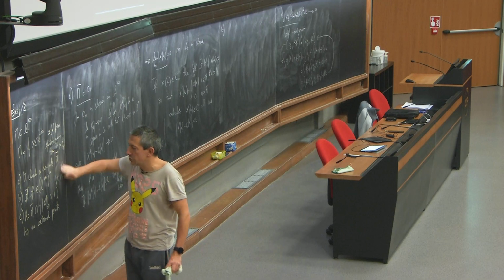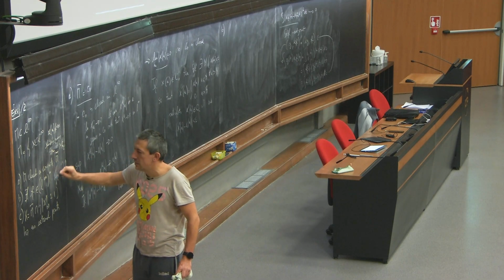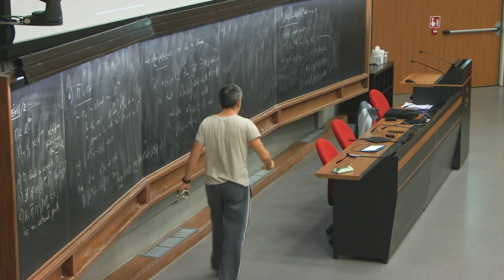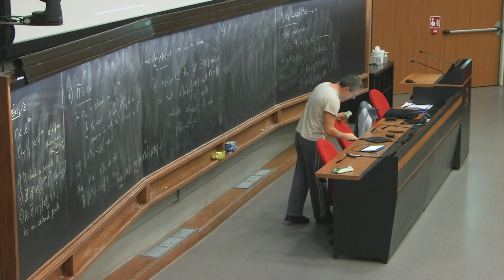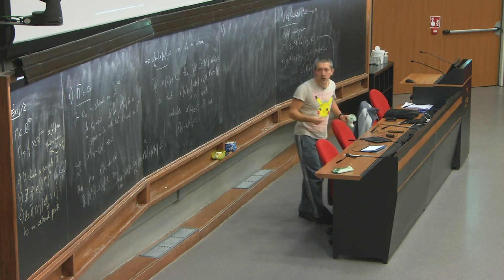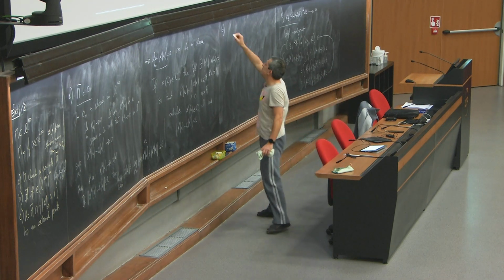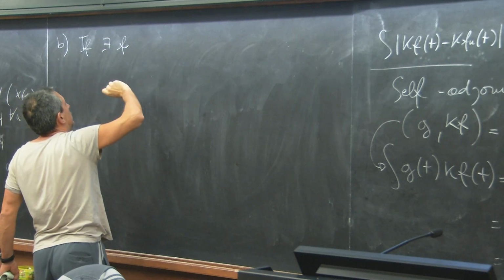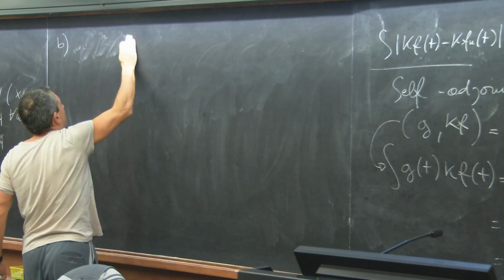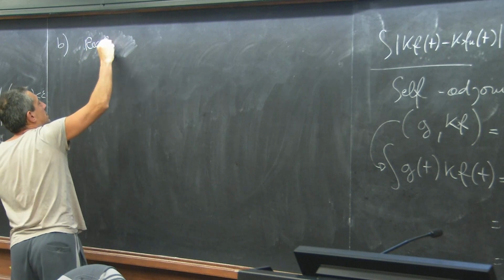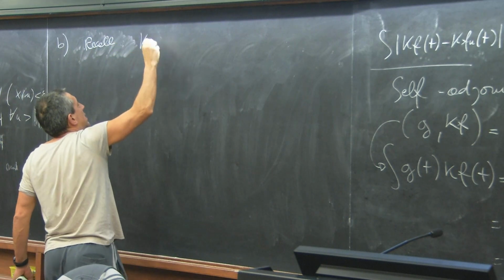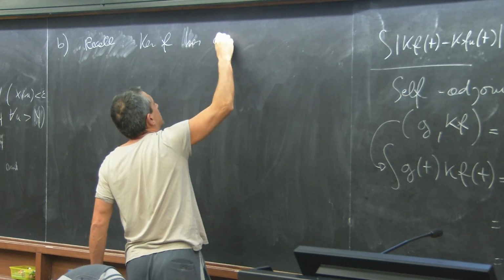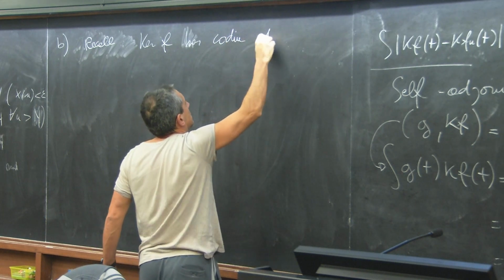So, the question was different. Is the kernel of F equal to C0? The question is much easier than what I thought. Recall the following: the kernel of F has codimension 1.